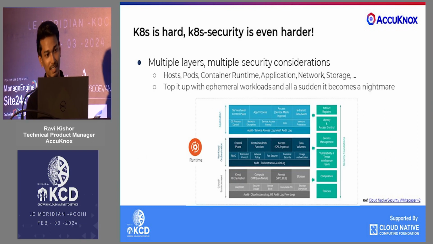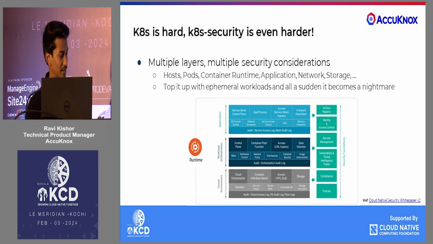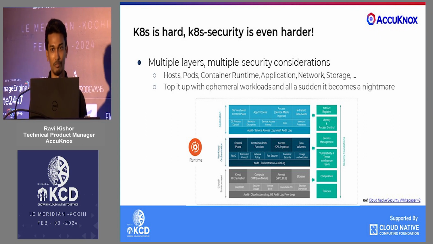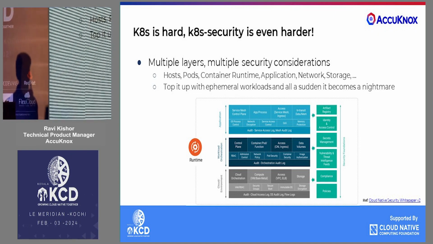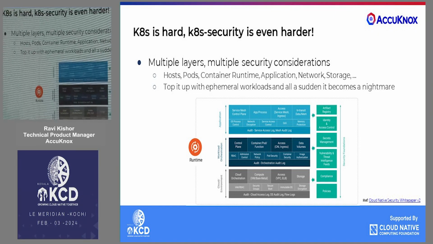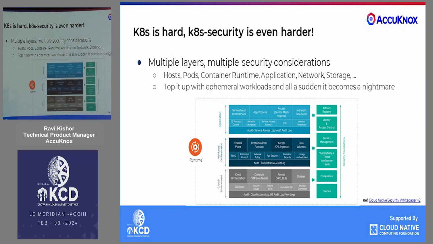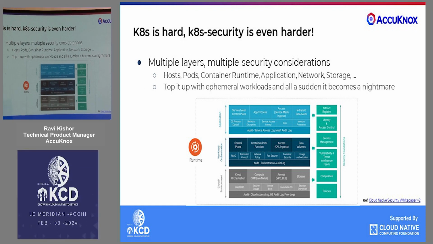Moving on to the first slide: Kubernetes is hard and Kubernetes security is even harder. As highlighted by the Cloud Native Security White Paper, we are dealing with multiple layers, and with different layers we have different challenges. In Kubernetes, we have multiple layers like host, pod, container, runtime, network, and storage.